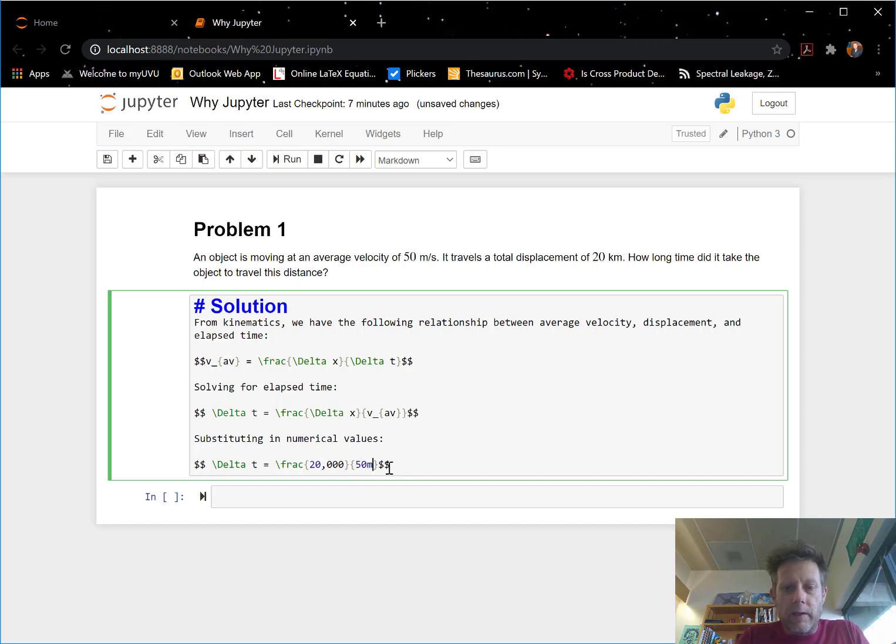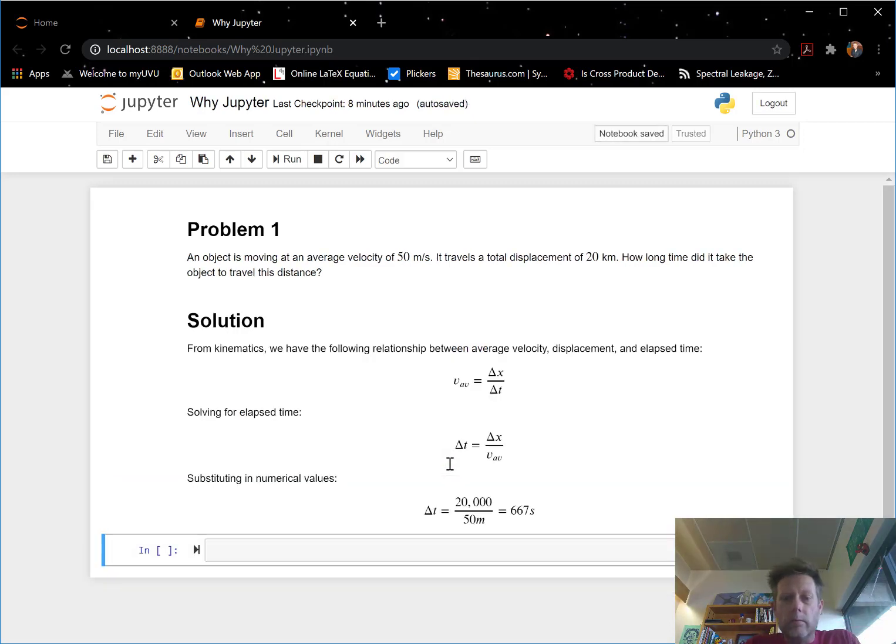Divided by 50 meters per second. If I plug that into a calculator, I'm gonna get 667 seconds. See how that works. Oh, the S came down there, so I'm gonna keep my S in here. Okay, so 667 seconds is the answer for that.